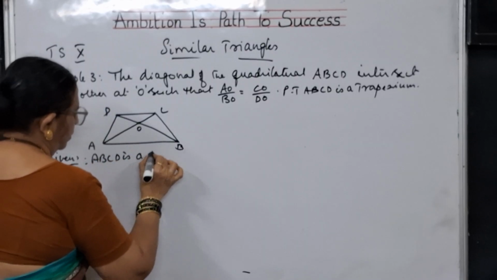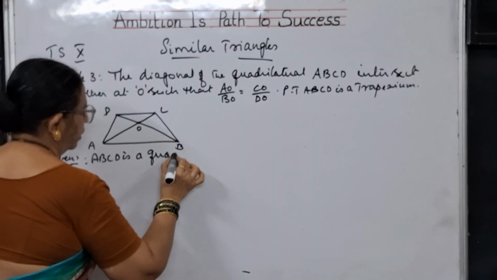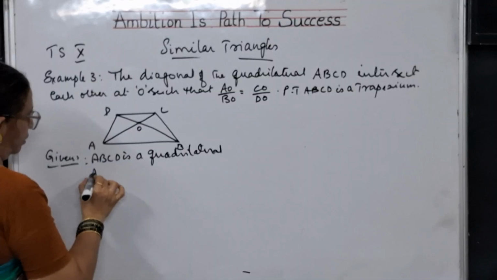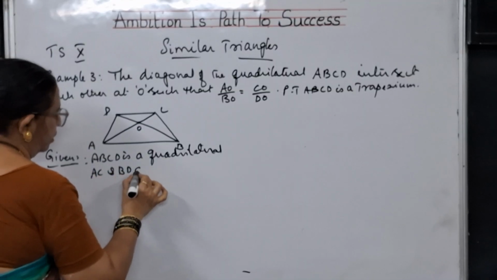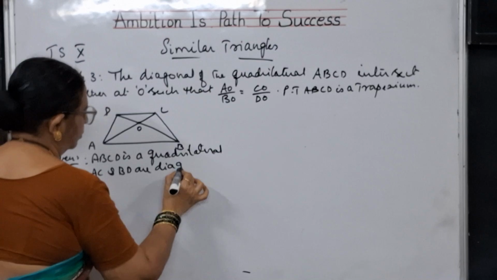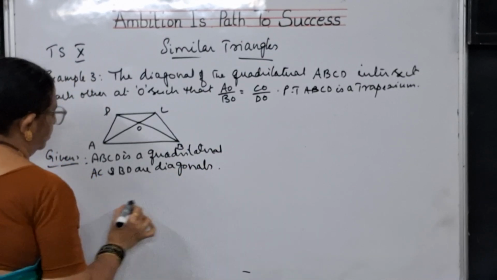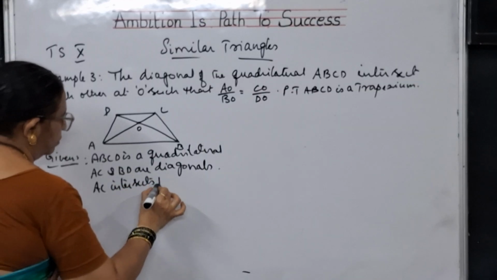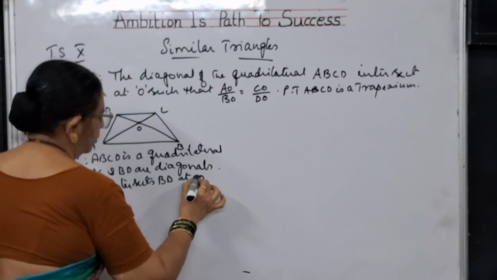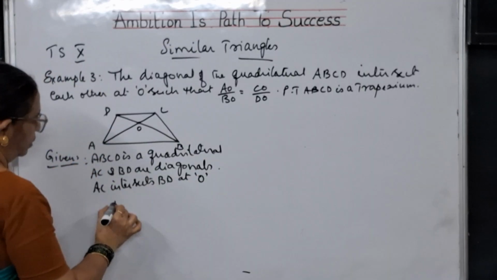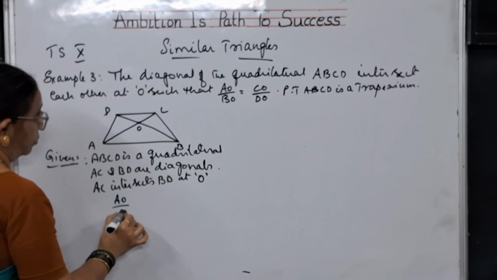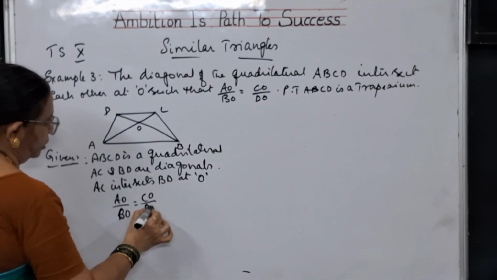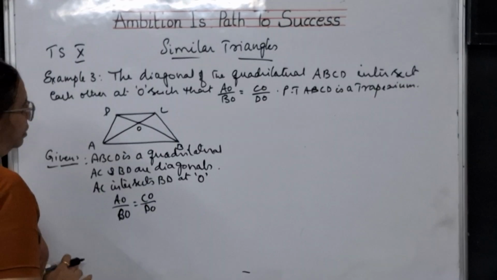ABCD is a quadrilateral and AC and BD are diagonals. AC intersects BD at O and AO by BO is equal to CO by DO. This is given to us.